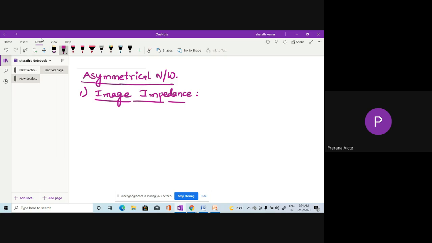Just consider a T network. Don't think that it is a resistor, just an element. It has some Z1, which is subjected to port 1. In general, this is subjected to port 2.